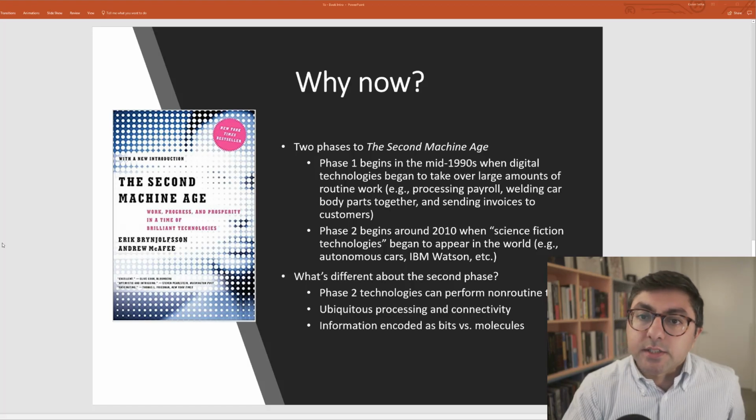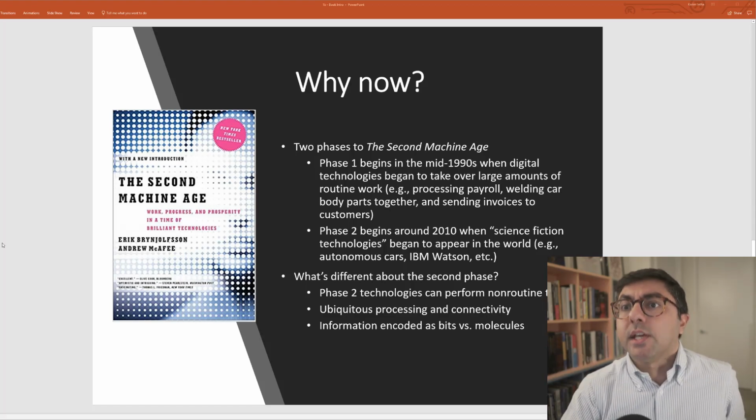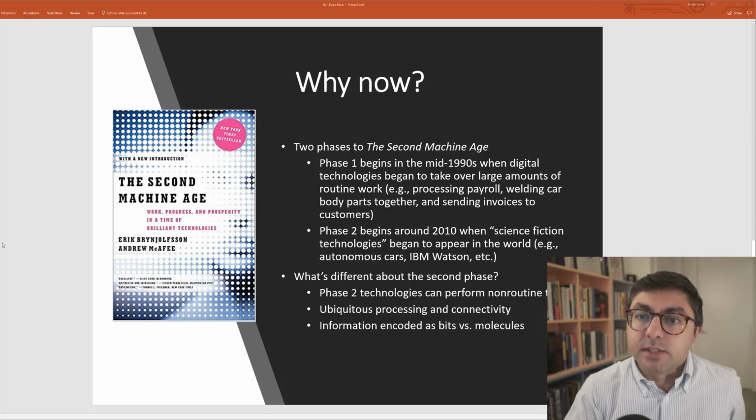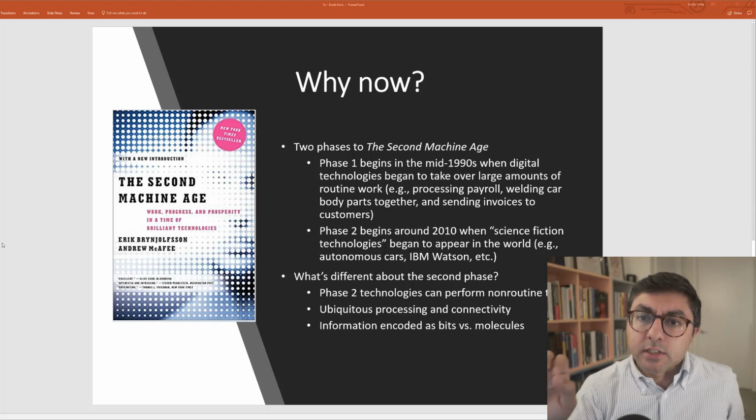And then the third thing is this idea that information is no longer encoded in molecules, right? If we think about a piece of information, maybe a sentence written on a piece of paper, that paper is encoded, so to speak, in molecules. It is a physical thing that you can move around. But now a lot of our information is encoded in bits, and bits are digital units, binary units, right?